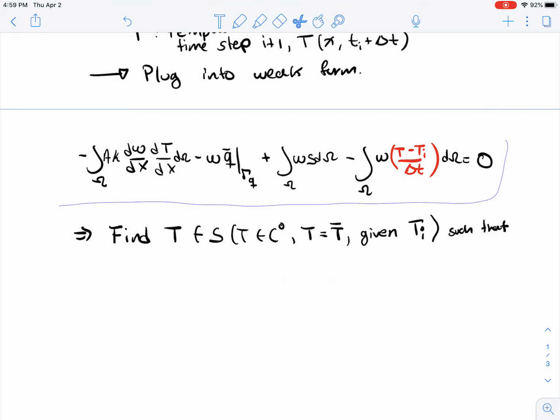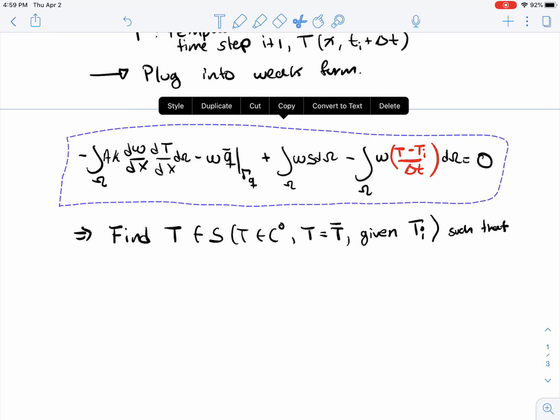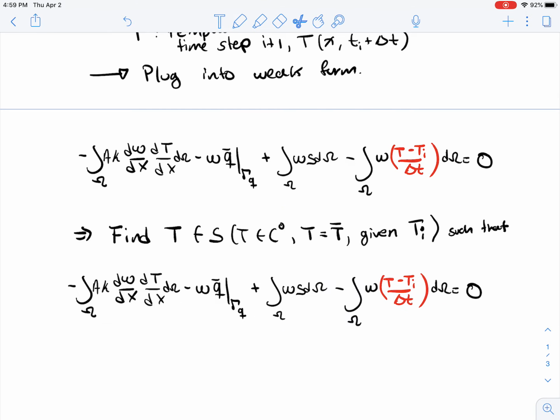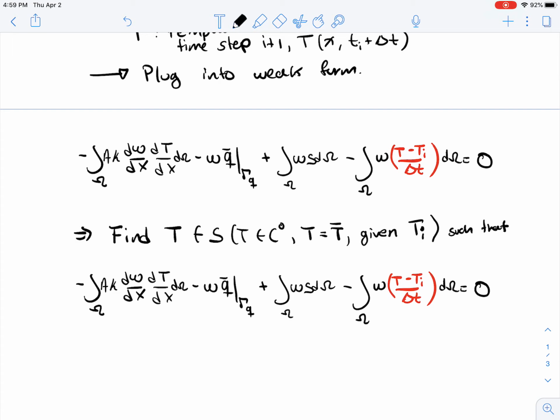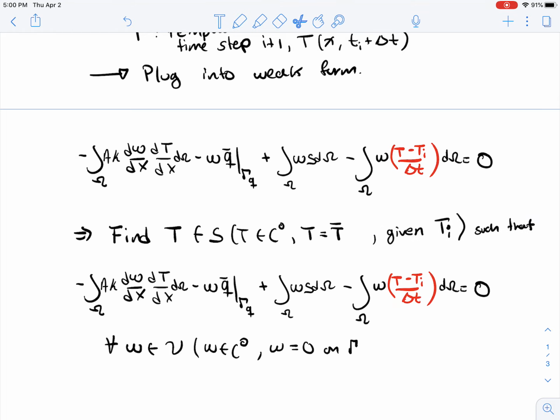I made a mistake. Such that this is true for all W in some space B. Again, I only need W equals 0 on gamma, and I should have done this better.